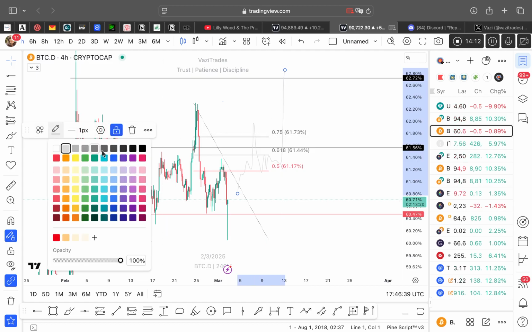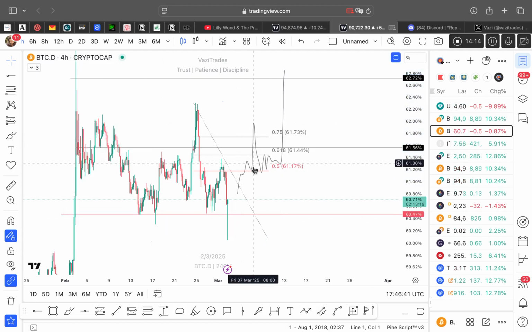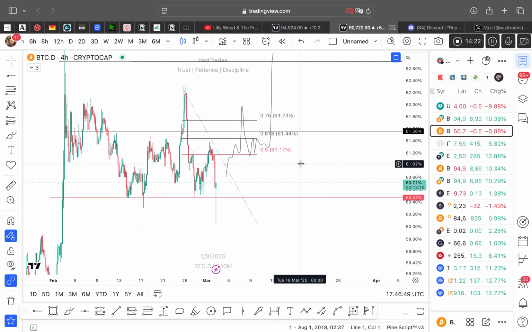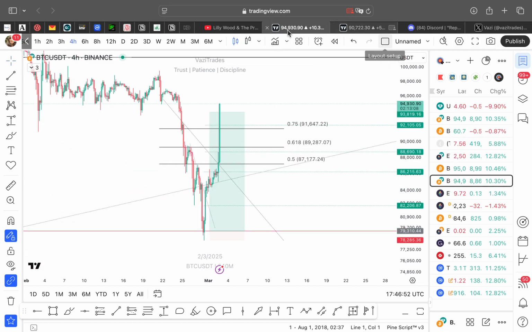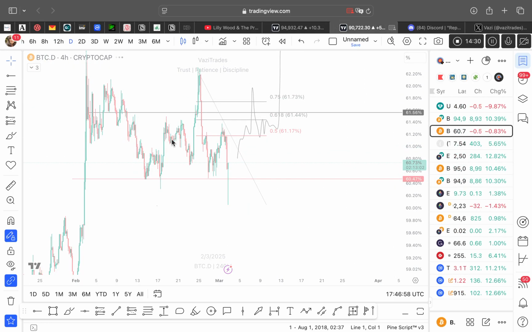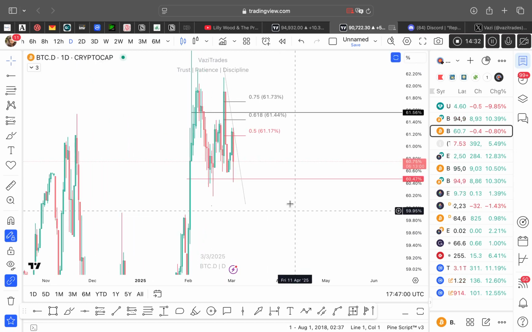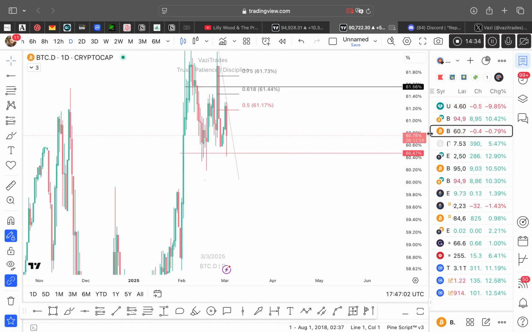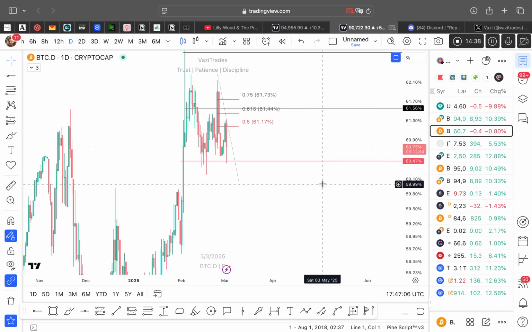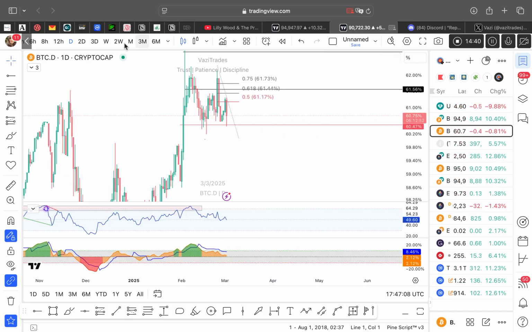This can be really valid, that dominance will come to 0.75, reject, bounce back from 0.5 and pump back. Of course, this will not be positive for the altcoins. Now let me go to daily. On daily, it's still in the range. You can see how it's holding above 60.